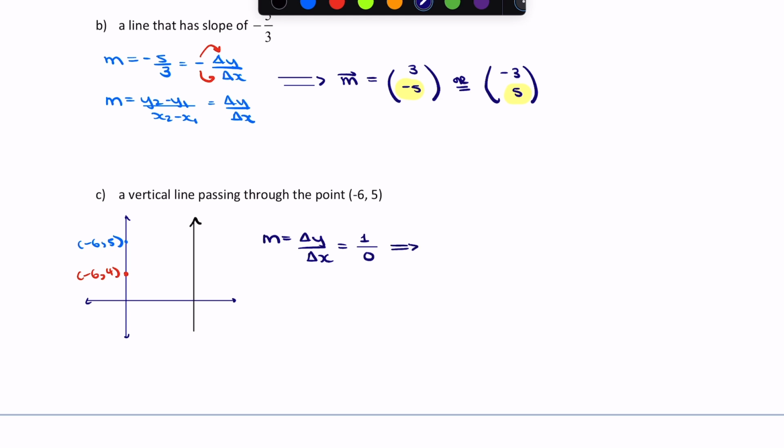So when we look at our direction vector m, it'll be 0 and 1. So that would just be equal to j, which is a unit vector in the y direction.